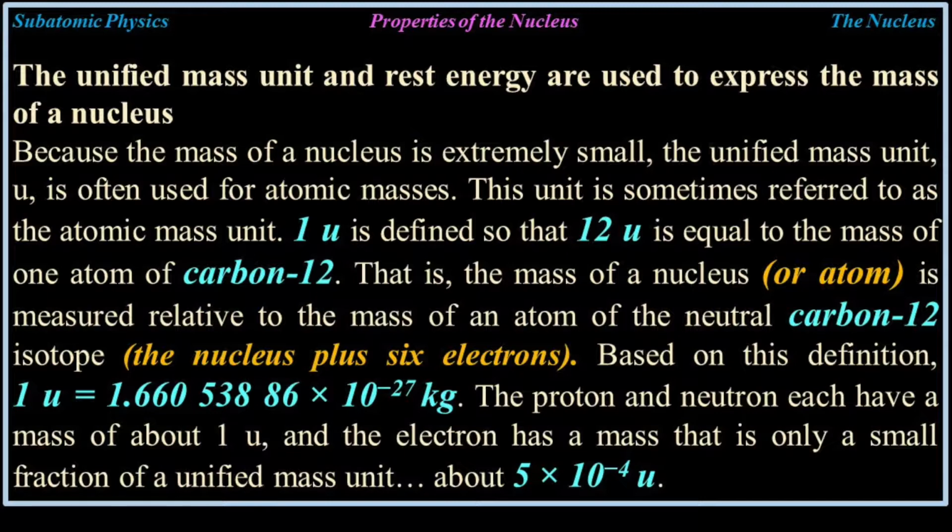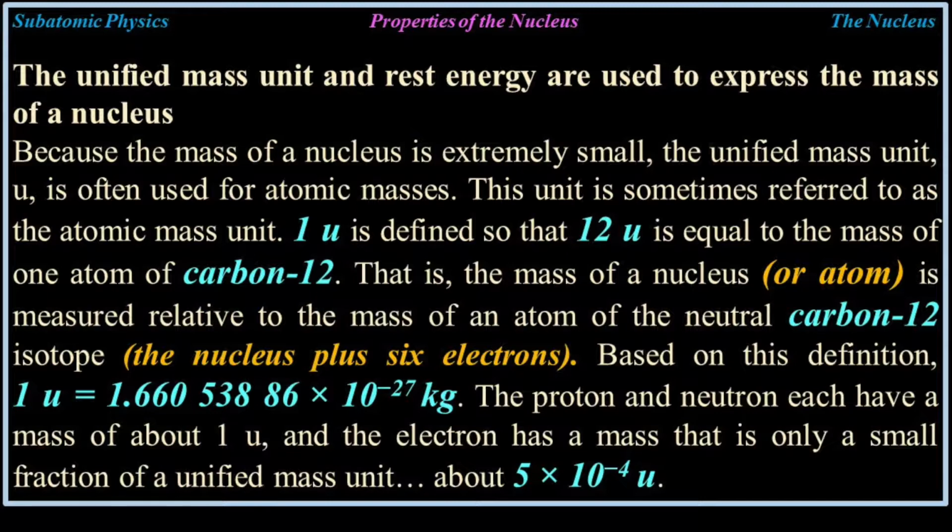1 U is defined so that 12 U is equal to the mass of one atom of carbon 12. That is, the mass of a nucleus or atom is measured relative to the mass of an atom of a neutral carbon 12 isotope, the nucleus plus 6 electrons. Based on this definition, 1 U equals 1.6605386 times 10 to the negative 27th kilogram.